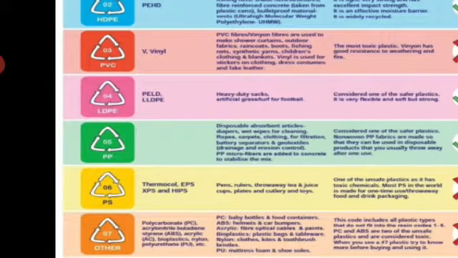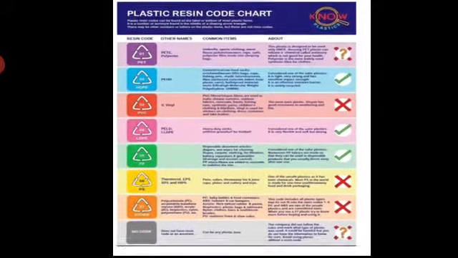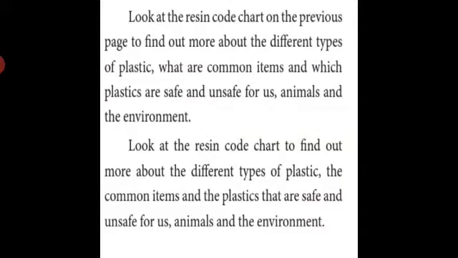Students, you are looking at the resin code chart on the previous page to find out more about the different types of plastics, what the common items are, and which plastics are safe and unsafe for us, animals and the environment.